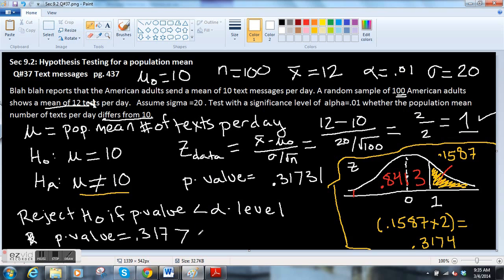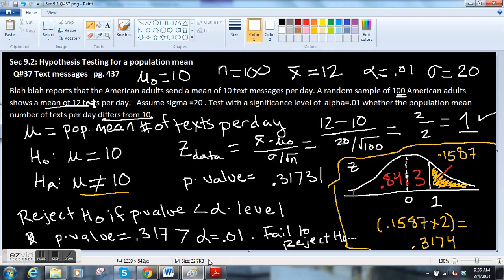It's greater than that by a lot. Alpha equals 0.01. So you fail to reject H0. You're not done yet. If you stop now, you will lose about 2 points because you need to write the conclusion in terms of the problem.